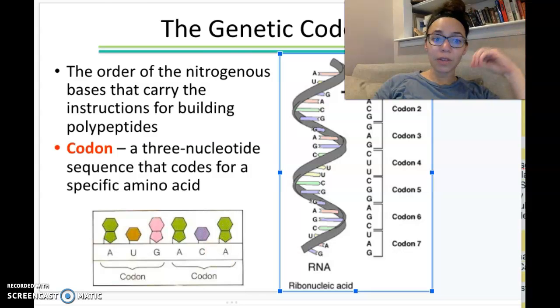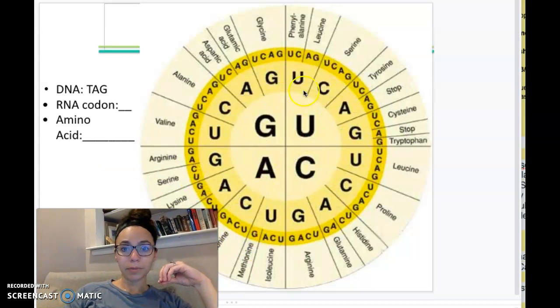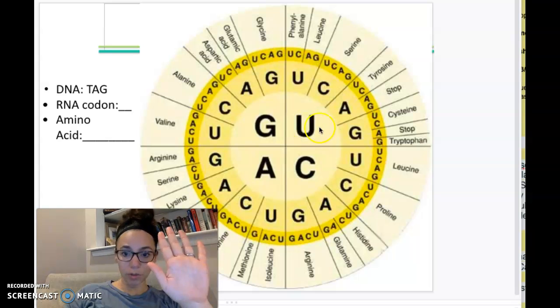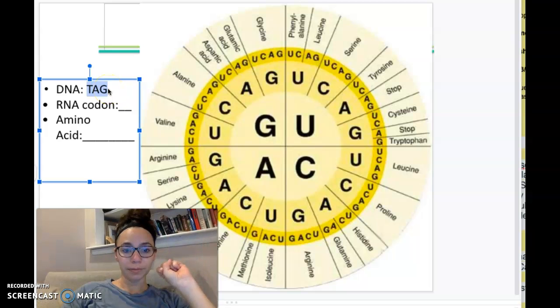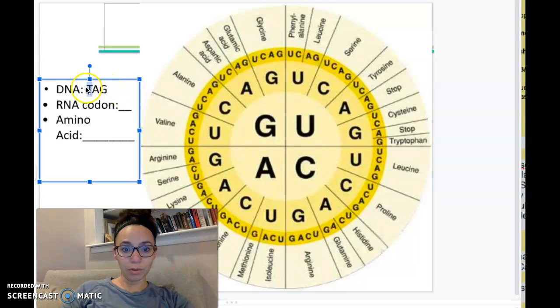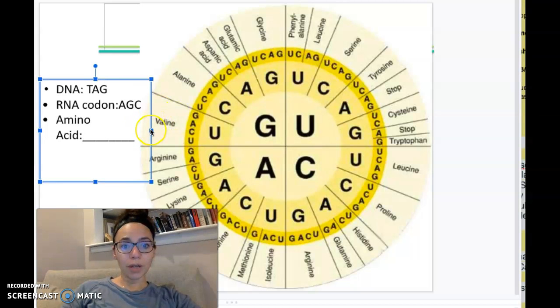And the way we can figure this out is by using something called an amino acid wheel. With this wheel, we can match the amino acid. So what you would do is, here's your codon, your set of 3 bases. I'm sorry, okay. So if the DNA is TAG, right? T pairs with A, A pairs with U, G pairs with C. Okay, so our codon on the RNA would be AUC.